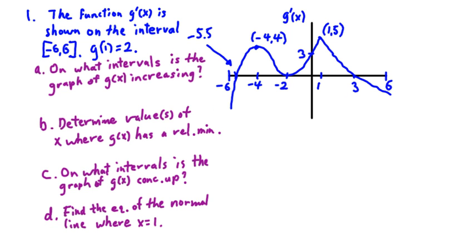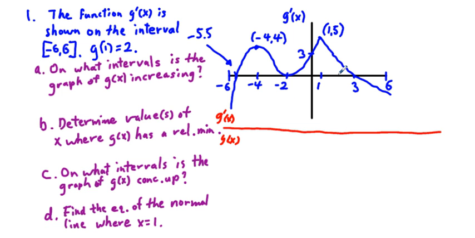The first question is, on what intervals is the graph of g of x increasing? For that, my recommendation might be to make a little number line, see what is happening, put g prime of x on top and g of x on the bottom.